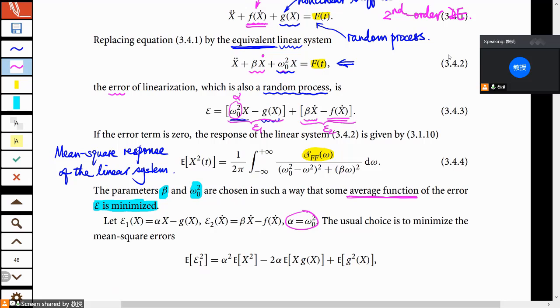Okay, so you can select any average function of error to minimize. The usual choice is to minimize the mean square error.